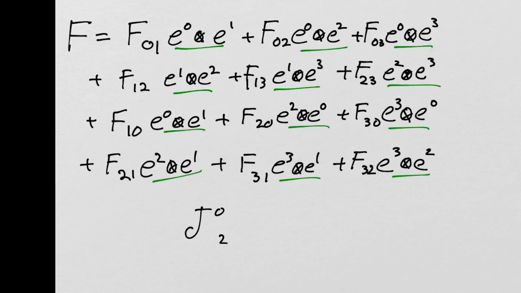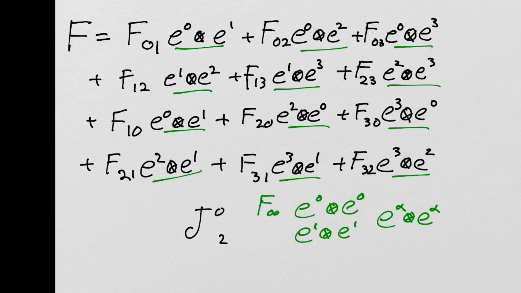Now there's a couple basis vectors missing, right? We have E0 tensor product E0, that's not there. E1 tensor product E1 is not there. In fact, every one of the form E alpha tensor product E alpha is not there. And that's because we've already stipulated this is antisymmetric, so clearly these components will all have to be 0, because you would have F00 equals minus F00, and that can only happen when F00 is 0.